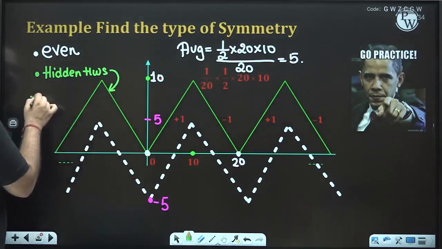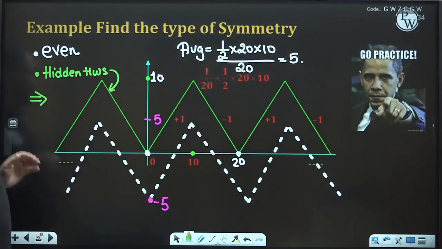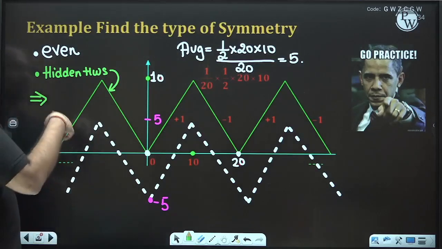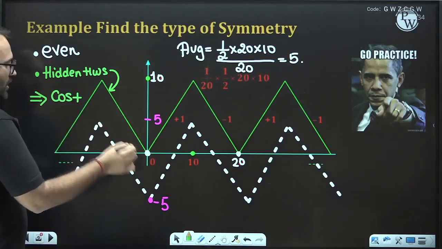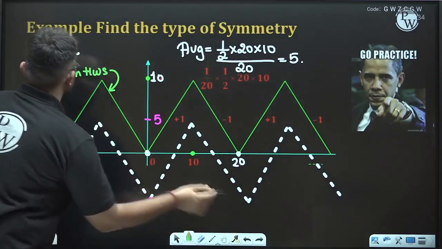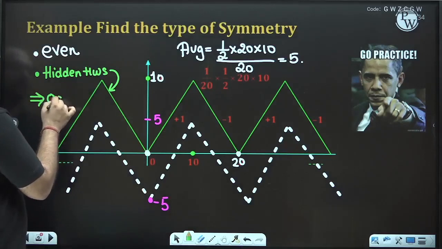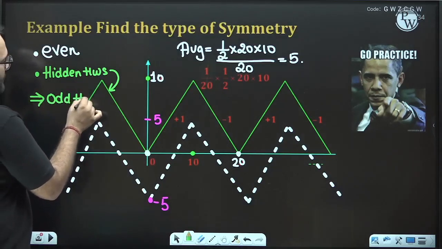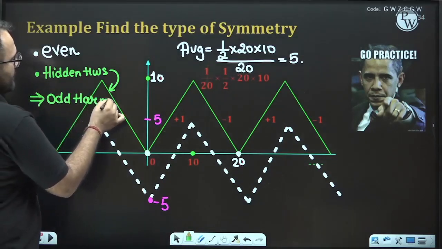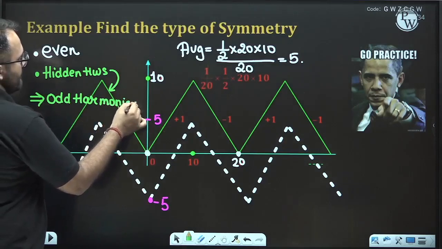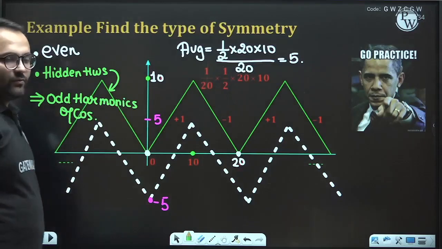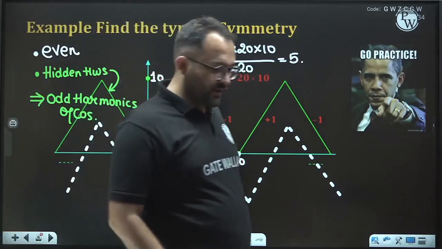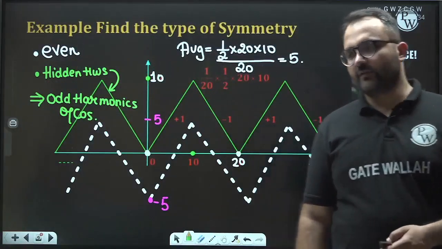So we can say that the original signal will have cos terms, and only odd harmonics of cos.